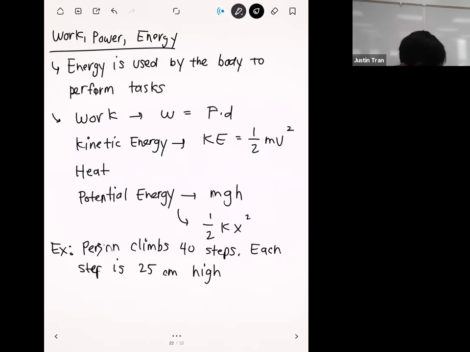And we'll say the person has a mass of 65 kilograms. With this information, we can compute the potential energy the person has after they climb up those stairs.